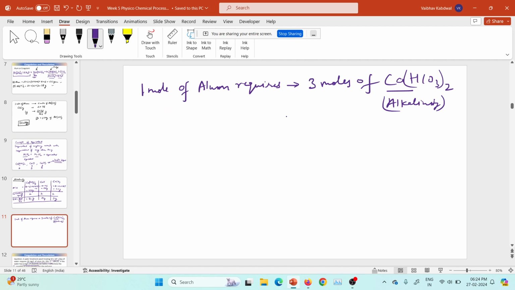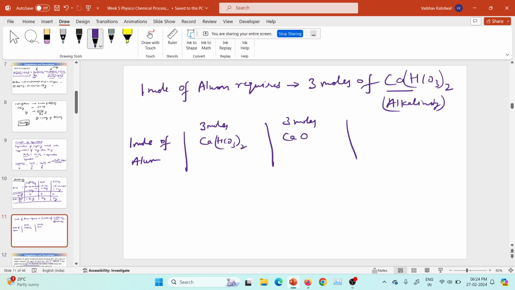Or we can say it like 1 mole of alum requires 3 moles of Ca(HCO3)2, or 3 moles of CaO, or 3 moles of CaCO3.